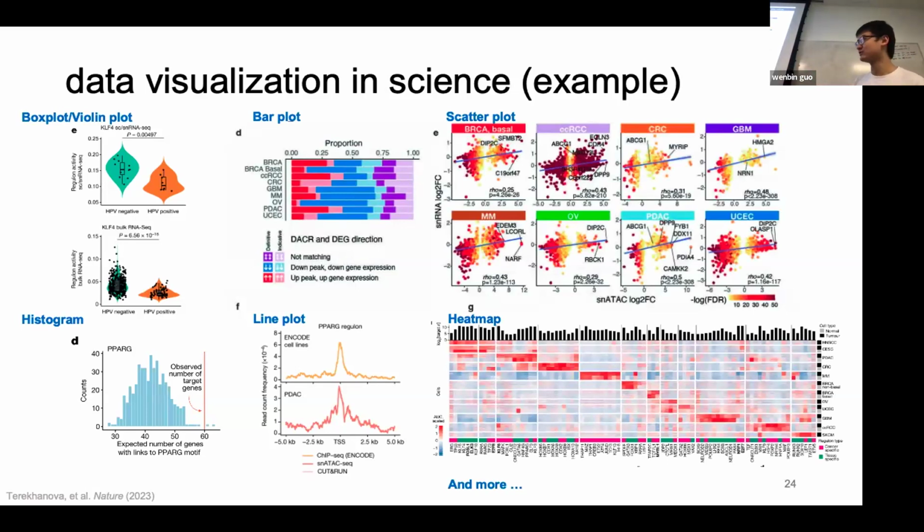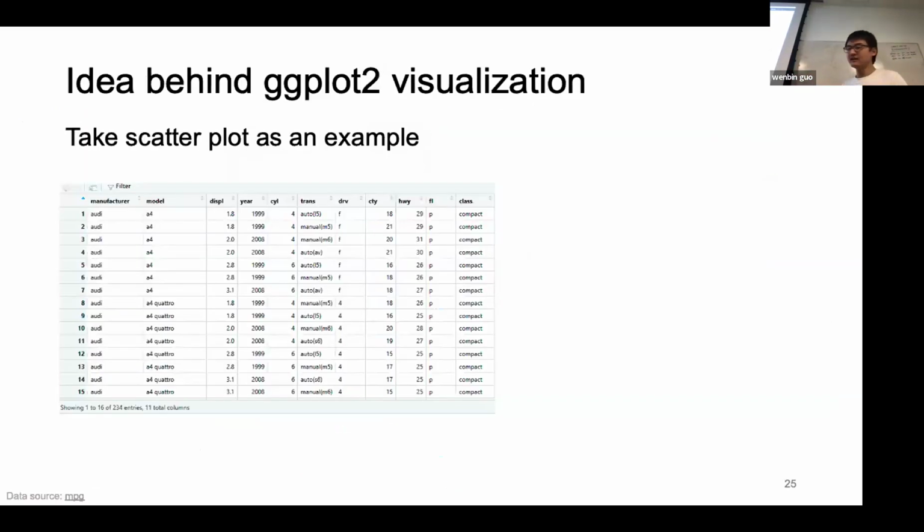We are not going to learn everything. Learning everything is too challenging here within a short time. But we are going to learn some basic things behind it. The idea behind ggplot2 visualization, taking the scatter plot as an example, is that we have this data frame. After we finish all the data wrangling, we get a really nice layout of the data frame, with the rows and columns in a pretty good shape.